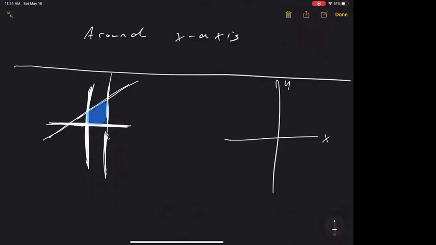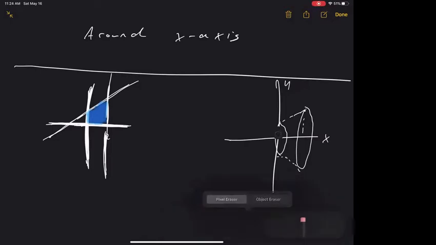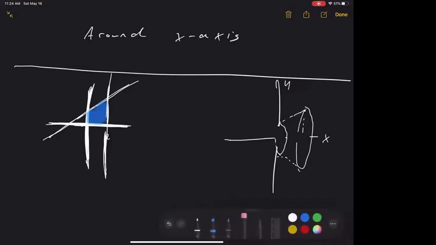And then when I rotate my region around my x-axis, I get some sort of 3D object that looks like this. So kind of like a megaphone or something like that.